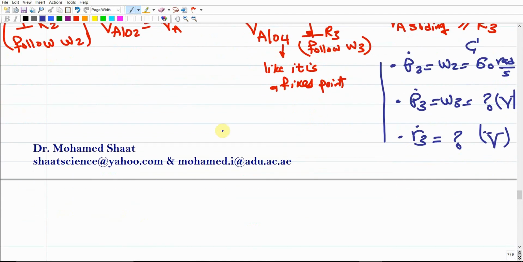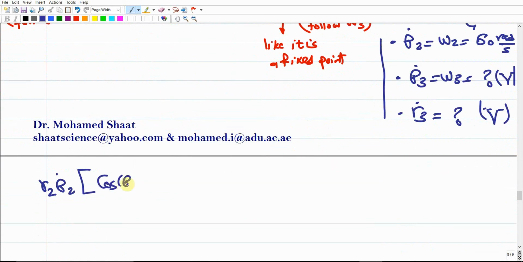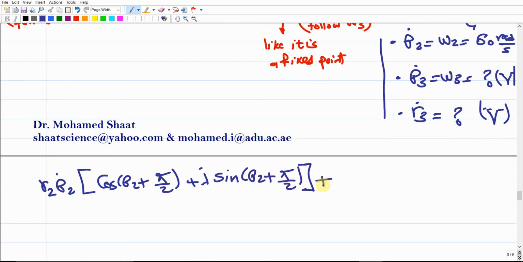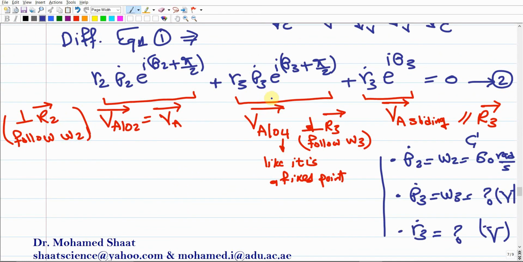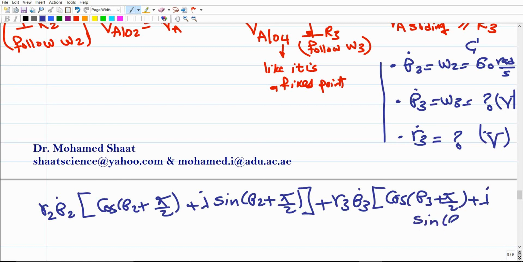So going back here, the first term will be R2 theta 2 dot. Then we open the square bracket: cosine of theta 2 plus pi over 2, plus I sine of theta 2 plus pi over 2. Plus the second term, R3 theta 3 dot, with a square bracket: cosine of theta 3 plus pi over 2 plus I sine of theta 3 plus pi over 2.